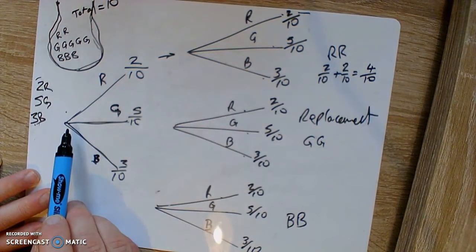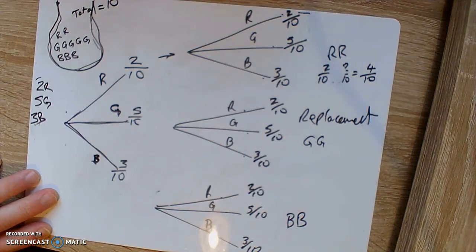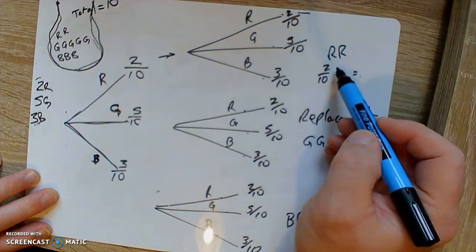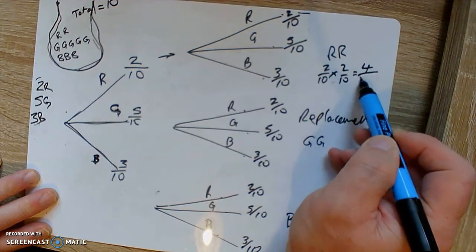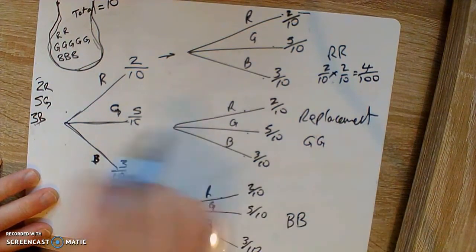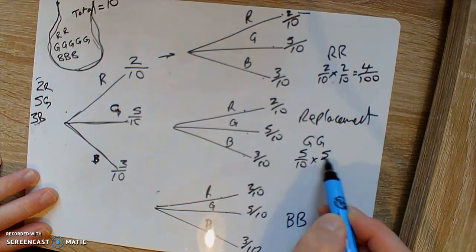The probability of getting 2 reds is 2 out of 10 times 2 out of 10. So that's going to be 4 out of 100. Sorry, 2 times 2. On the green, I've got 5 out of 10 times 5 out of 10.